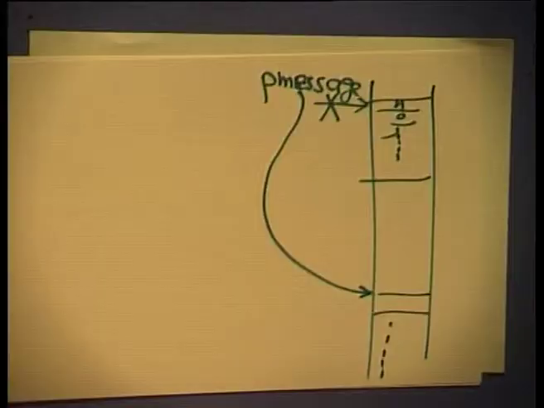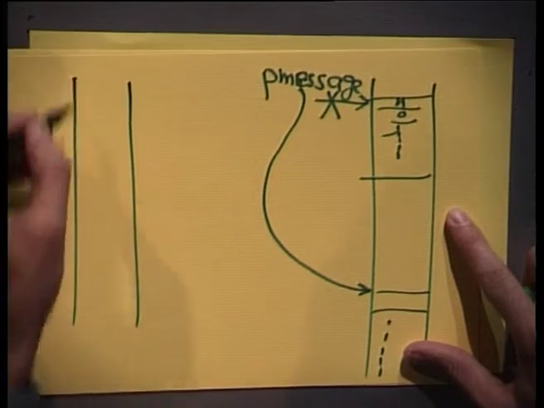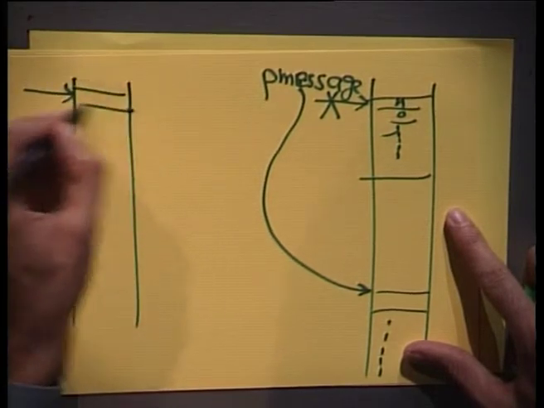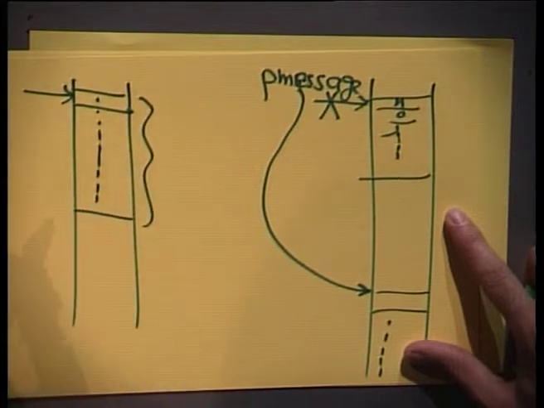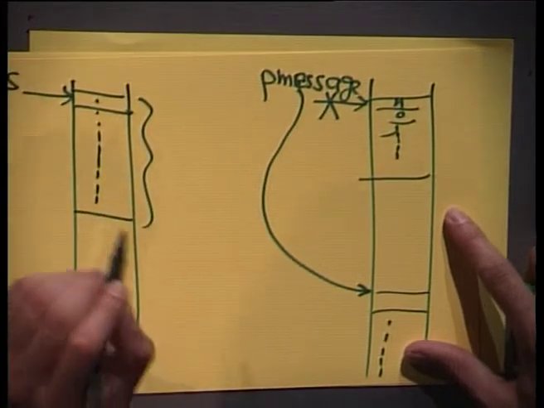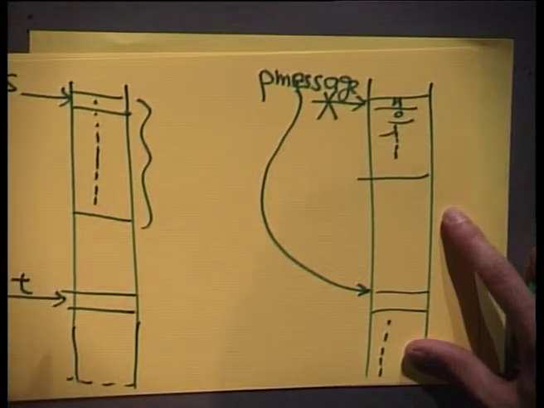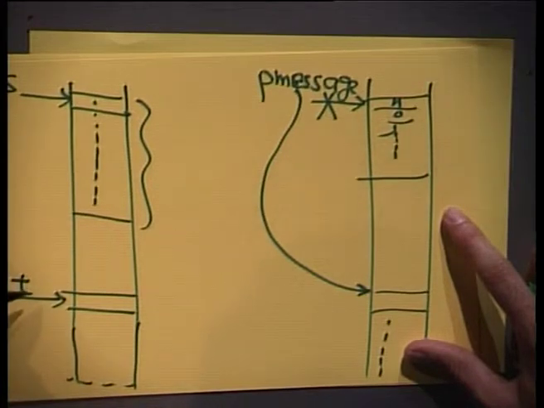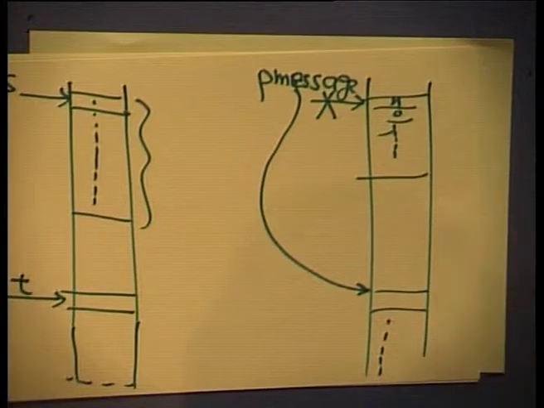So it's like the p-message in here. It's something like this. Here's s, and here's my actual string. But that's s. And down here, somewhere, maybe, I have t. So s and t are actually pointers to blocks of characters or to strings.